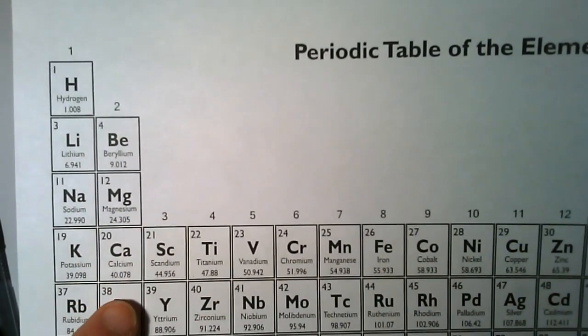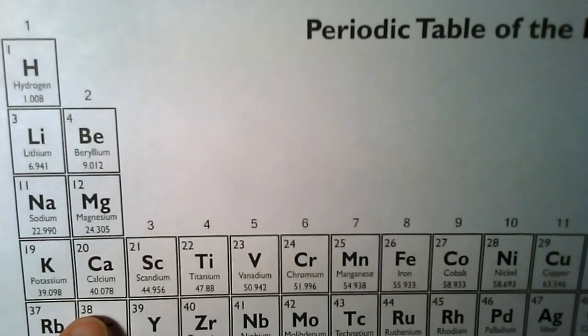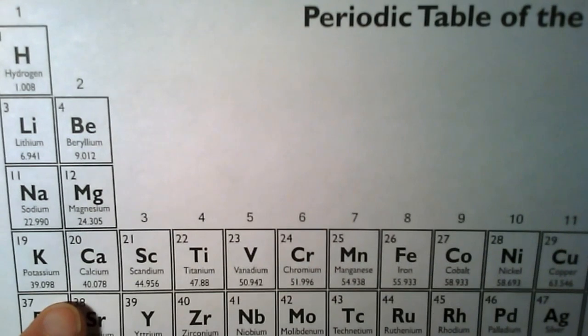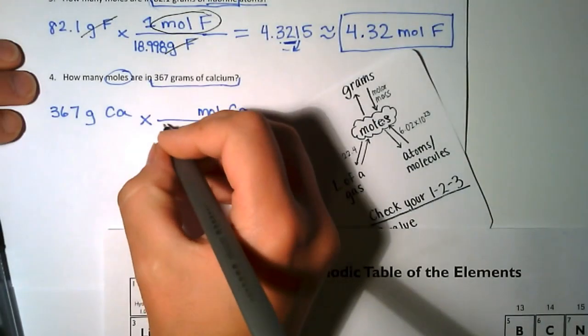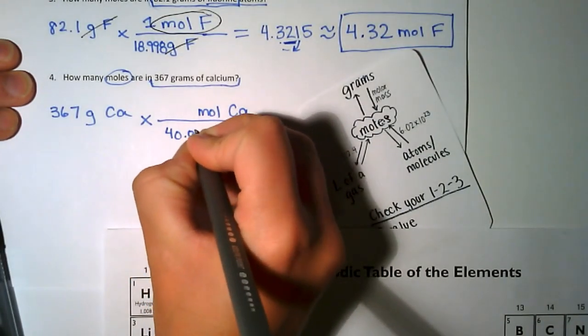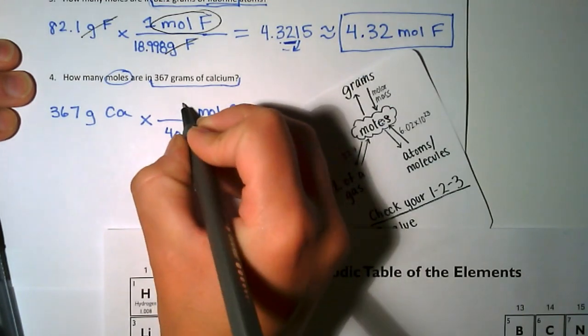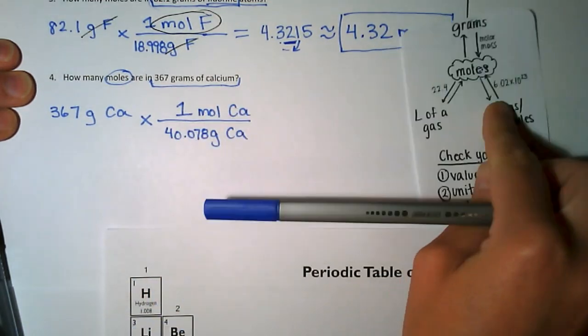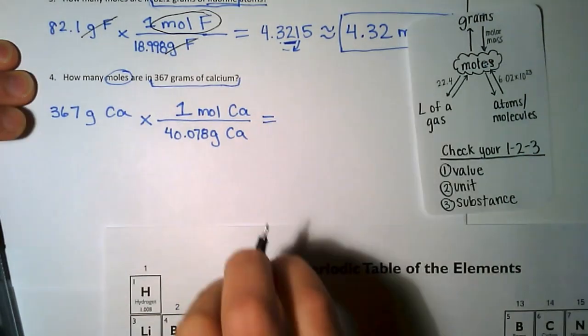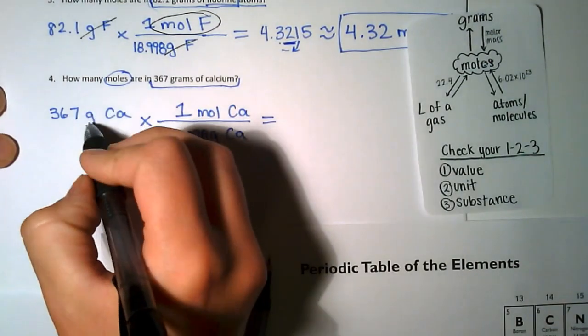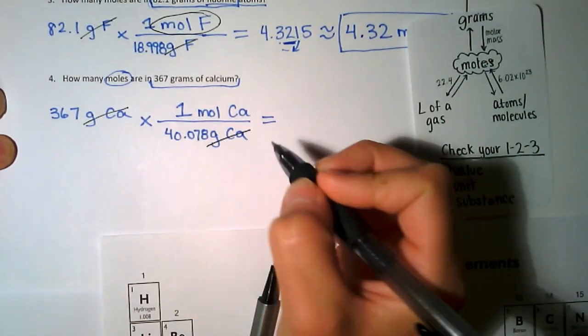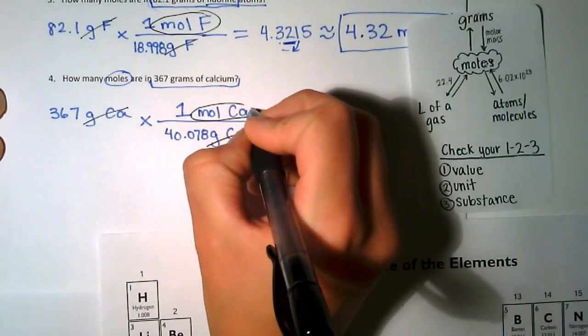Looking at our periodic table to find the molar mass of calcium. Calcium's over here in group 2, and it has a molar mass of 40.078. So we're going to put 40.078 grams are in 1 mole. Now we just need to cancel our units and multiply out. So grams of calcium cancels with grams of calcium, and we'll be left with moles of calcium.